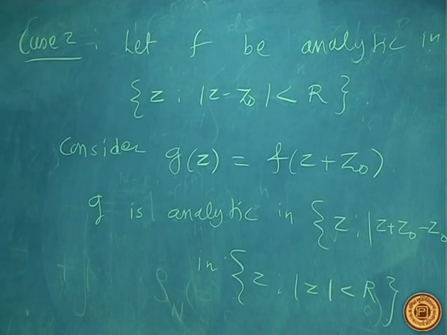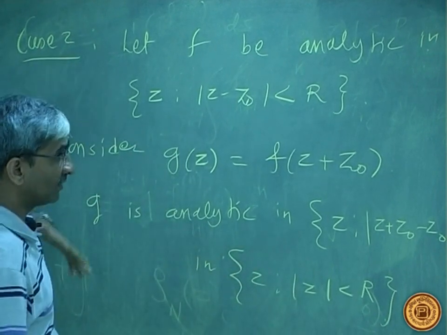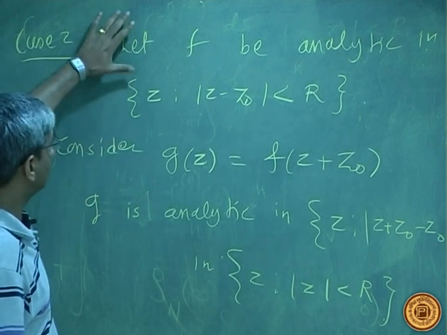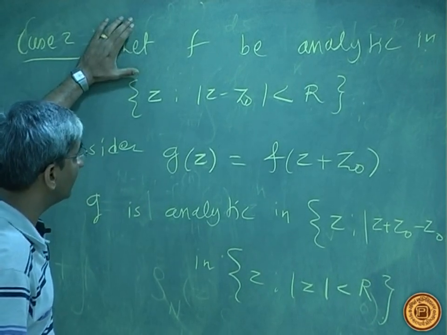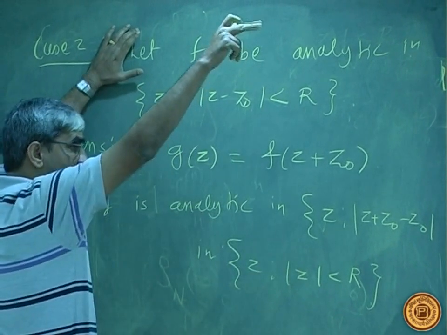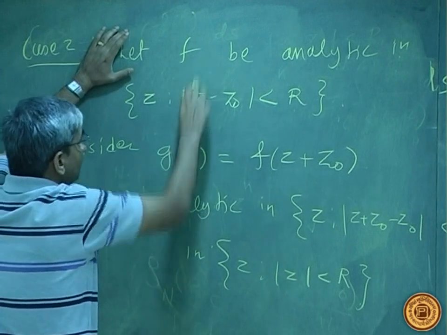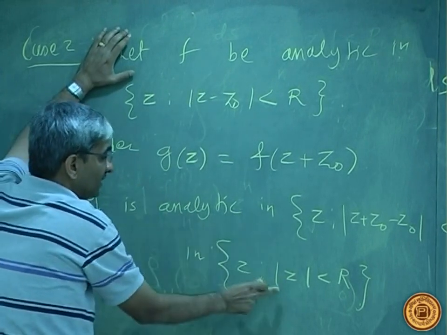So gz will have a Taylor series expansion around the origin. Is it clear how the problem is converted to the earlier case? This is now the general case where f is analytic in the neighborhood of any point z naught. If it is analytic at 0, then we have already obtained the Taylor series expansion. But from such a function we have constructed a function which is analytic in the neighborhood of 0.